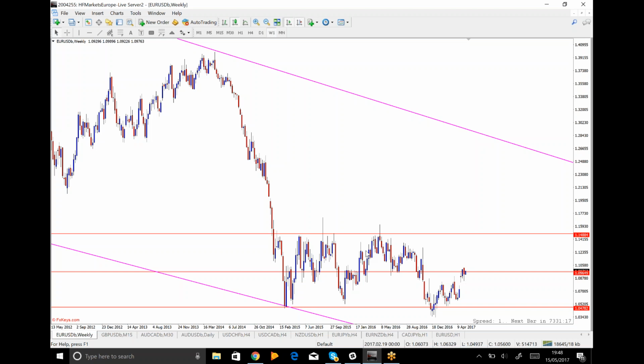So we call it AB equals CD, okay? You'll see me say this in the group: price is making a C to D move, or price is making an E to B move.